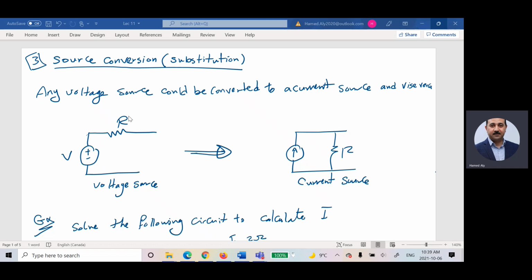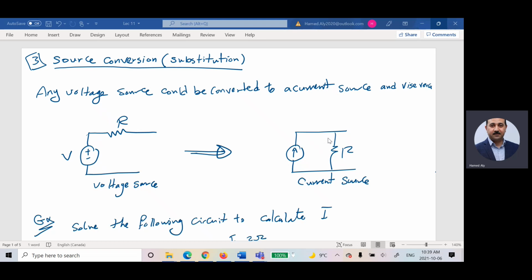This method says any voltage source, which is a voltage connected in series with a specific resistor, could be converted to a current source. What is the current source? A current connected in parallel with a resistor. So any voltage source could be converted to a current source.